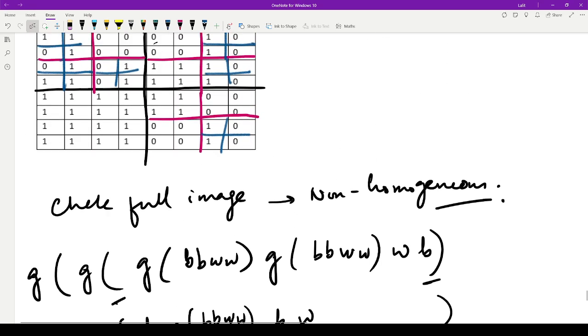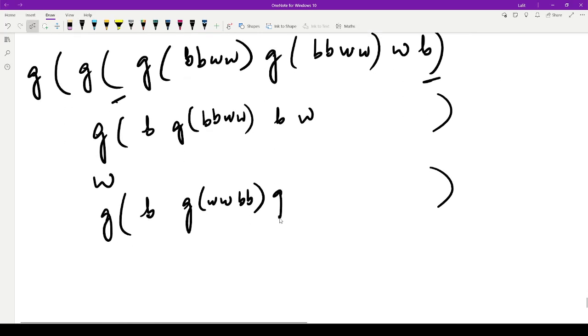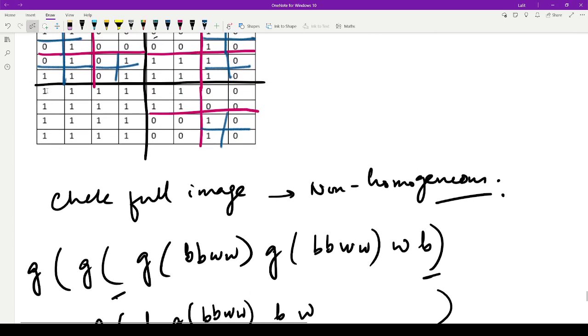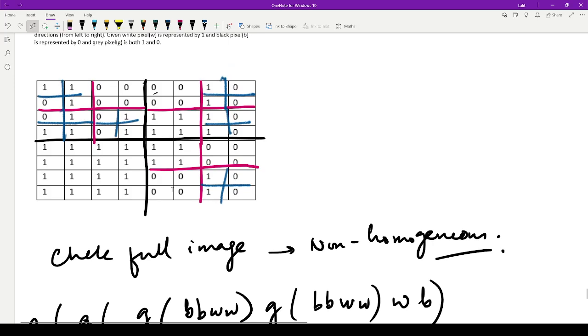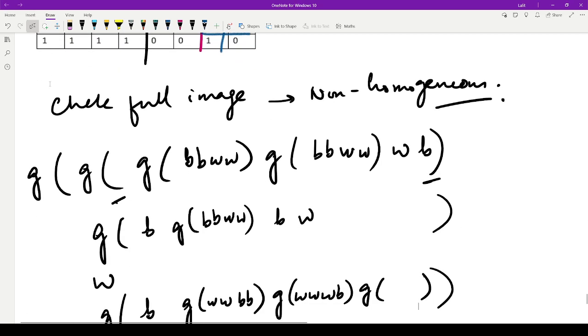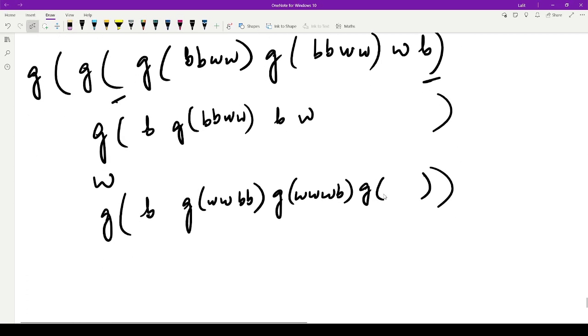What about this one? Again we have to divide. We divided it, so we'll write G. It will be three W's and then a single B. And the last one, since we divided it, we are writing G and then it's WWBW.